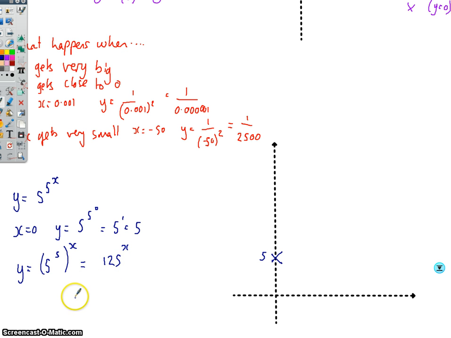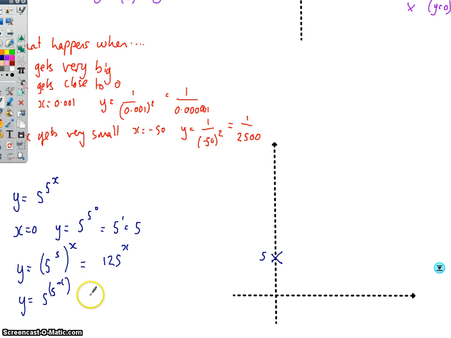Because it's like an exponential graph. But there's a slight problem with this, because the convention when you're doing these stacked powers is, if we write out again 5 to the 5 to the x, you actually do this one first, okay? So we're going to have to again take a slightly different approach to this one.